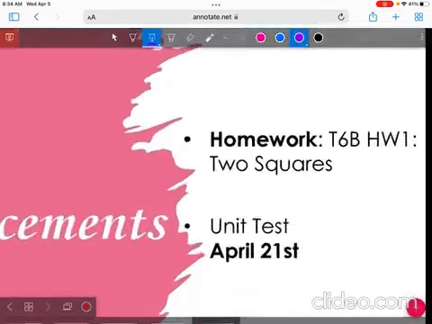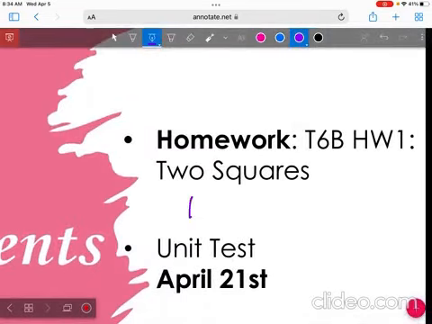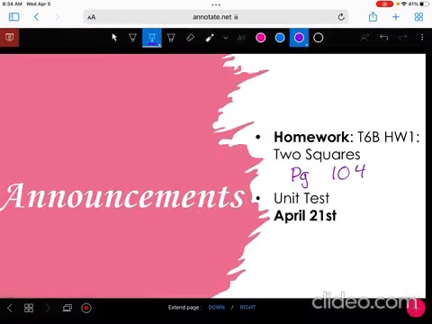I want you to solve it as many ways as you can. You can square things, you can square root things, we can multiply things out, we can factor things, there are lots of choices. So solve it as many different ways as you can. And that is the extent of what we're going to do today.